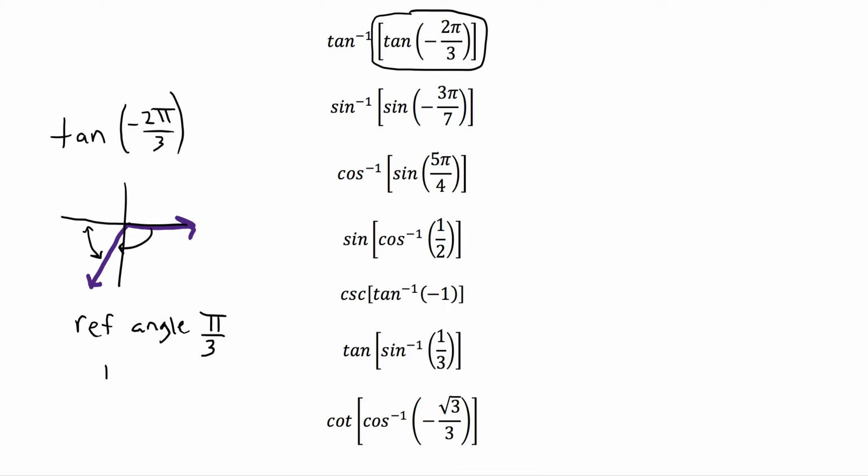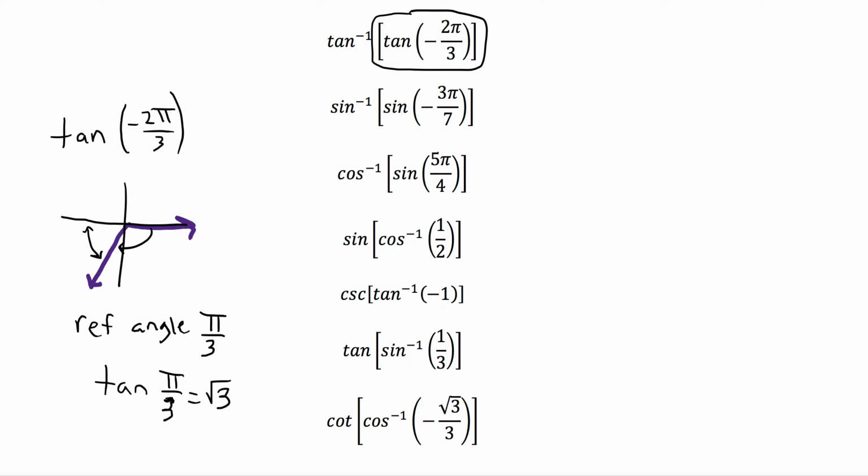So tangent of pi over 3, that is a memorized value for me. Tangent at pi over 3 is going to be square root of 3.